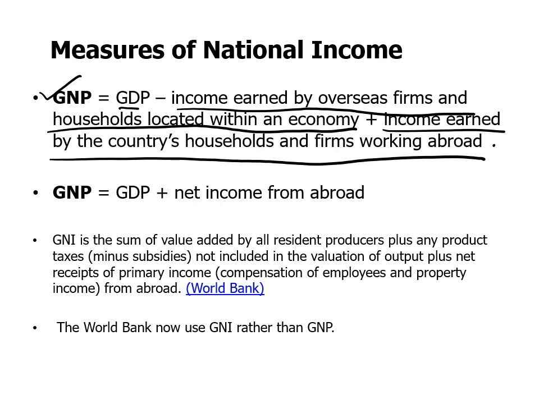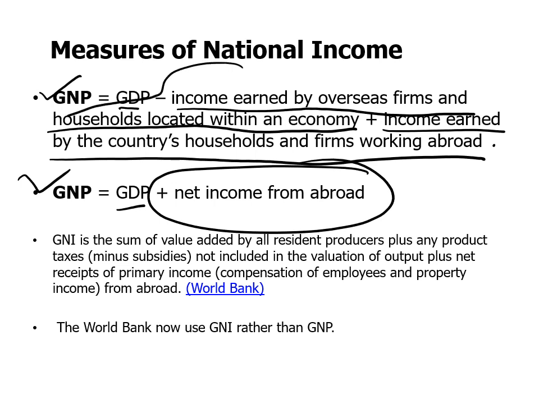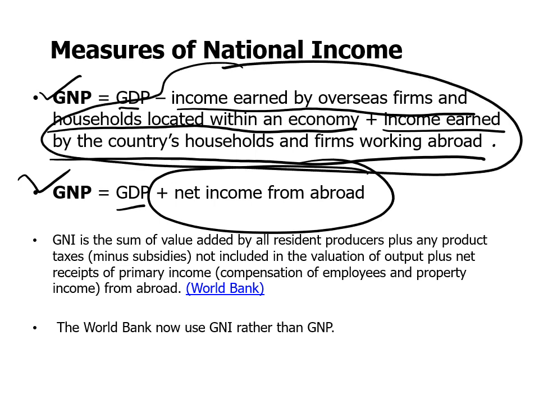So for instance, the GNP of the UK would be the GDP of the UK minus income earned by overseas firms and households located within the UK, plus income earned by the UK's households and firms abroad. All right. Another way of looking at it would just be your GDP plus net income from abroad. So net income from abroad is all of this thing right here.